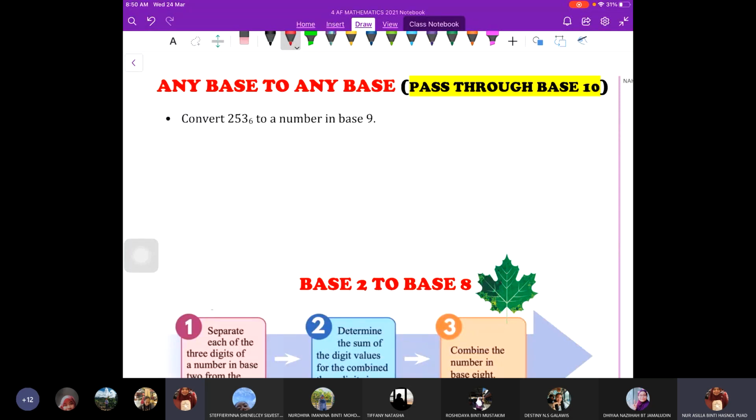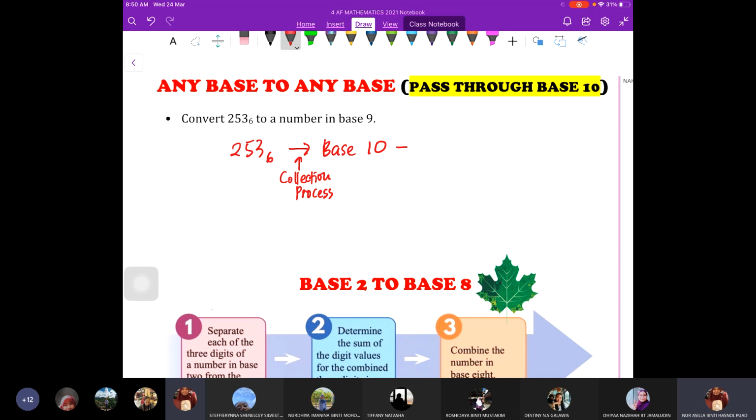Alright, kamu nak tukar sekarang daripada any bases selain daripada base 10 kepada any bases. Contoh kat sini 5253 base 6 tukar kepada base 9. Jadi kat sini kita punya strategi adalah kamu kena tukar daripada base 6 kepada base 10 dahulu guna collection process.